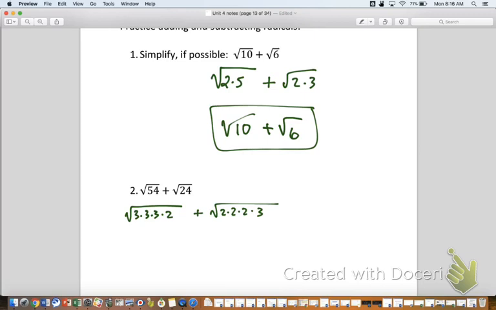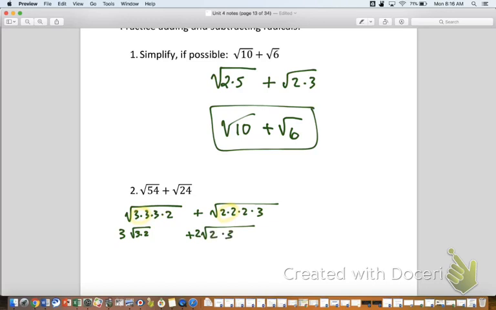And you see that on this one, unlike number 1, you actually can do some simplifying because over here there's a pair of 3s that could come out, and over here there's a pair of 2s that could come out. So the root 54 is really 3 times the square root of 3 times 2. And the root 24 is really 2 times the square root of 2 times 3.